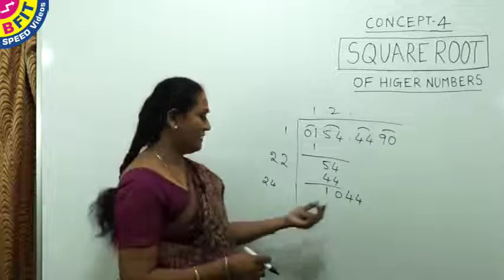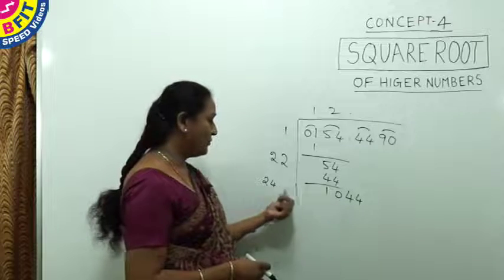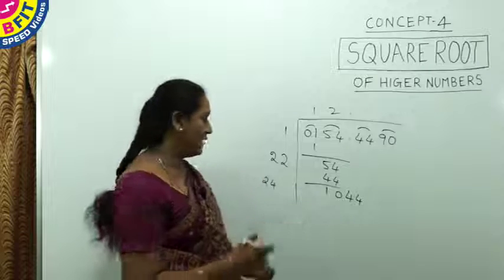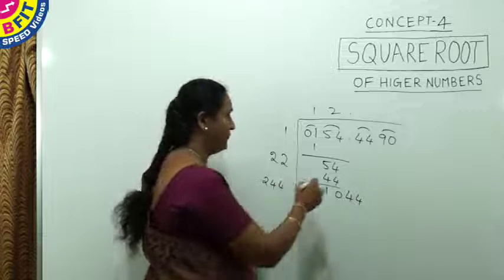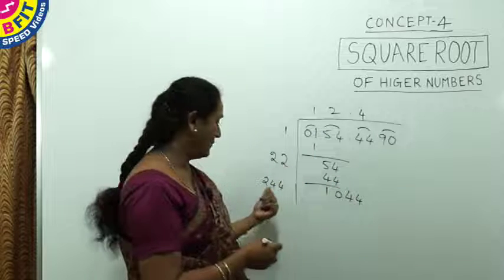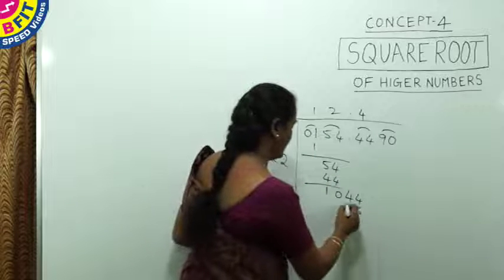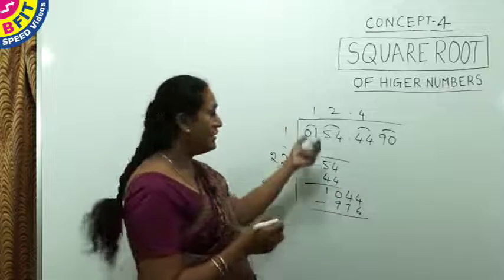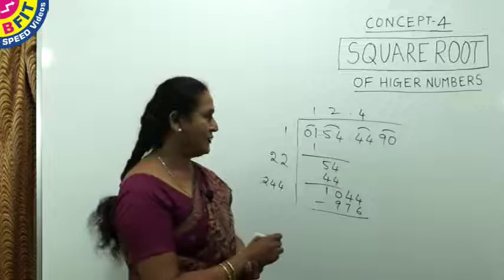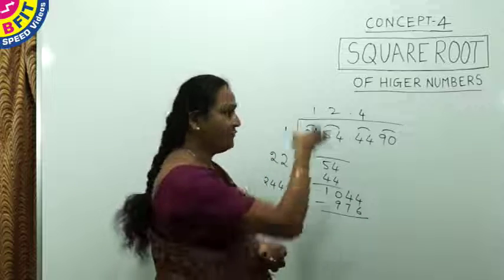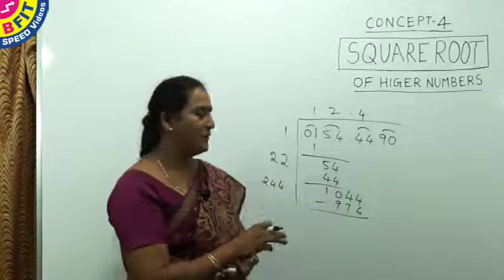What number can we write here? 2 into 5 is 10, so when you write 5, it will be more than this product. So we'll go for 4. Multiplying 4 and 24, we get 96. Now subtract. With this we can choose the answer from the options. And if you have 12.4s also, 2 or 3 numbers, we can find the second decimal place also.